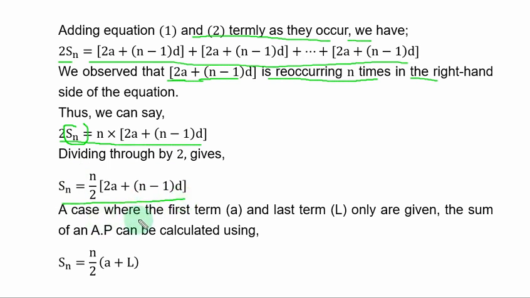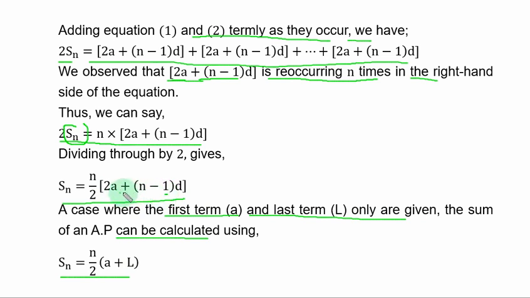In a case where the first term and last term only are given, the sum of an AP can be calculated using this result. Earlier, I said that the nth term is also the last term. So if you write 2a as a plus a, then you have n minus 1 times d.